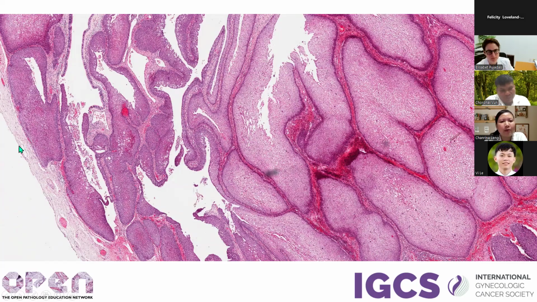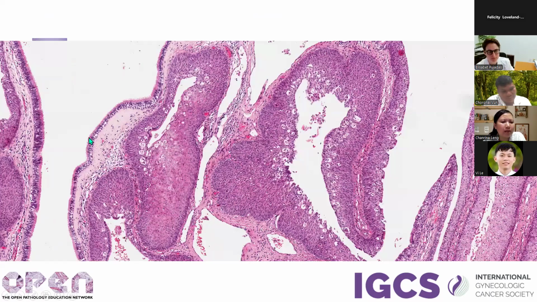At high power, we see the top layer is composed of respiratory type epithelium, and under that the tumor nests have multiple microabscesses and hyperplastic squamous epithelium, and yes, there are also neutrophils.